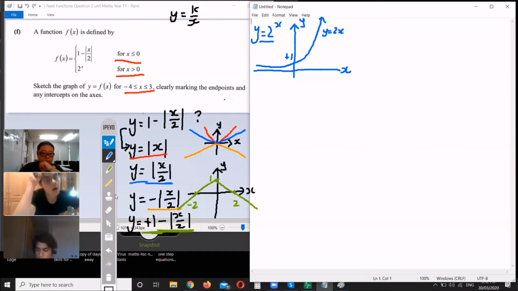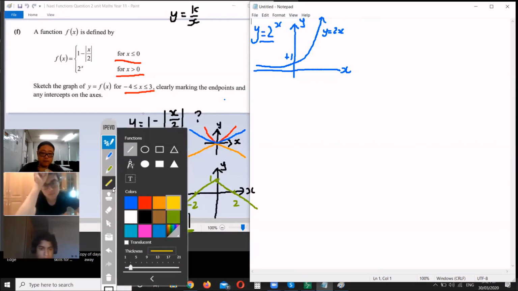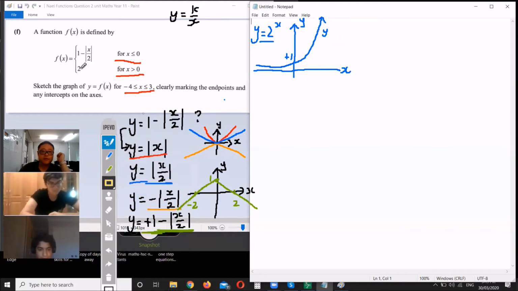Now, do you see that the function 2 to the power of x only applies for the positive domain?